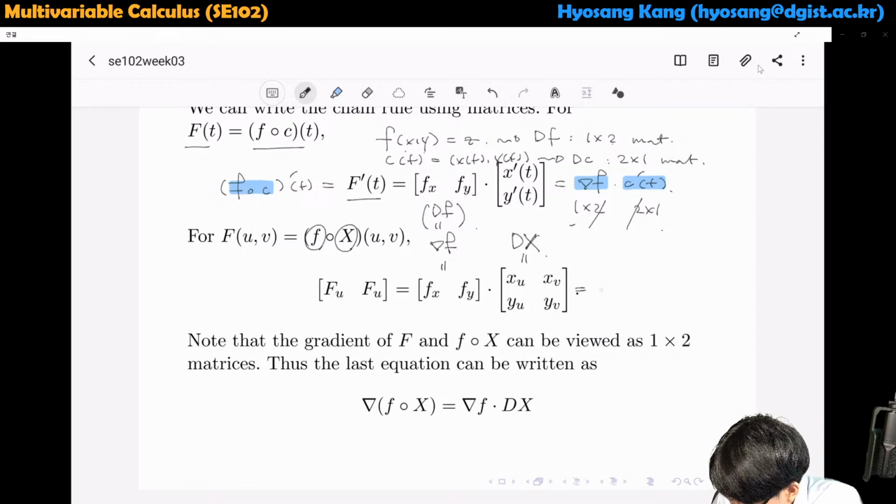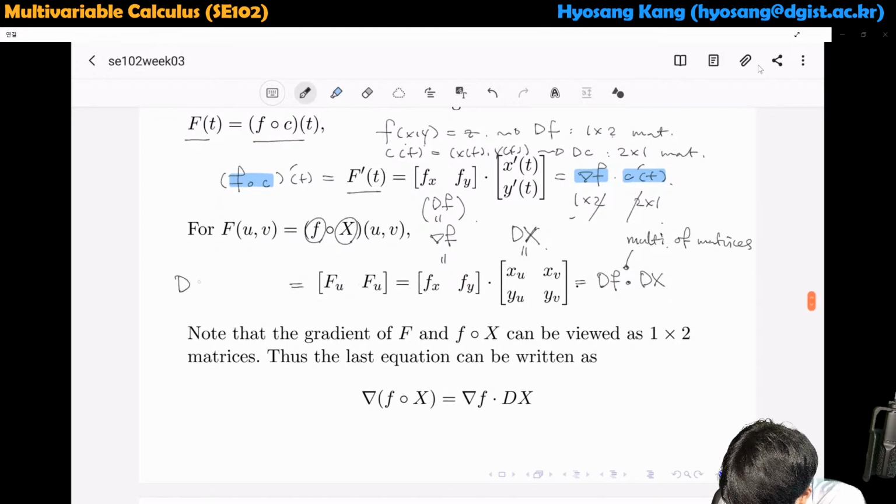So what it says is that your df multiplied, so this is an actual multiplication of matrices, with dx, is given by df, but F is nothing but the composition of x and f.